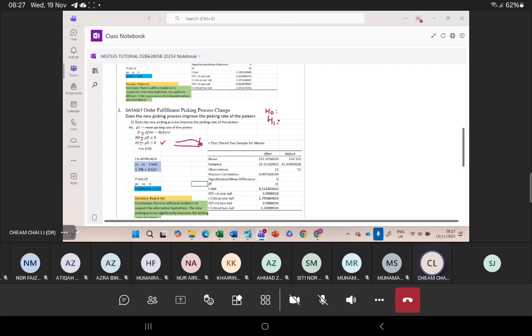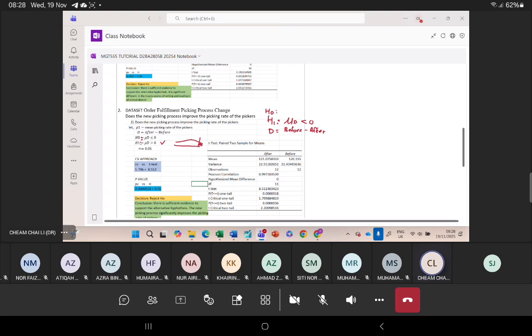Okay, if any of you define your difference as before minus after, then your mu d will be less than 0, right? If you define d as before minus after, then if the process is effective, the picking rate after the new process is higher than before.